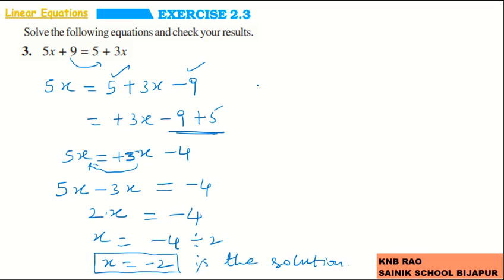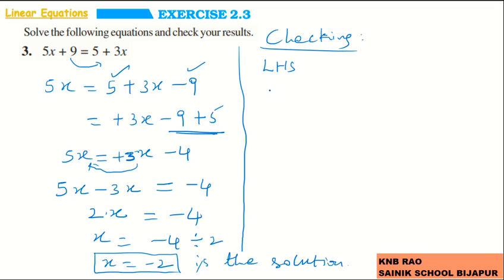So after finding the solution, we'll go for checking. In checking, I have to take LHS separately, that is 5x plus 9. I have to substitute the value of x, which is minus 2, instead of the variable x.